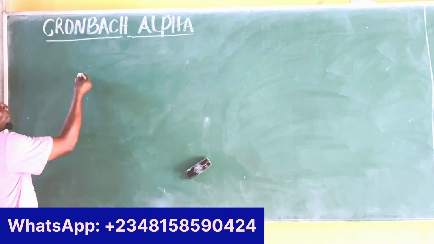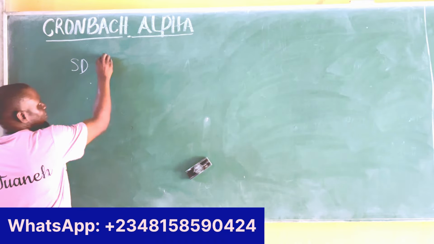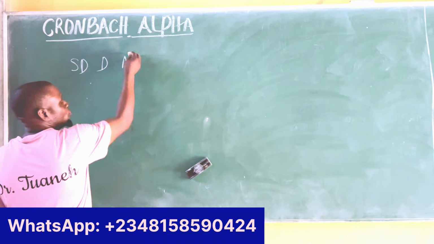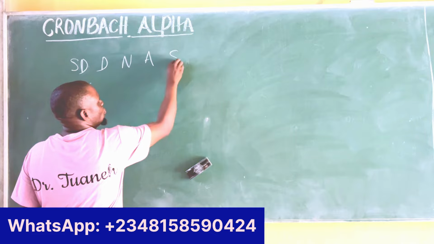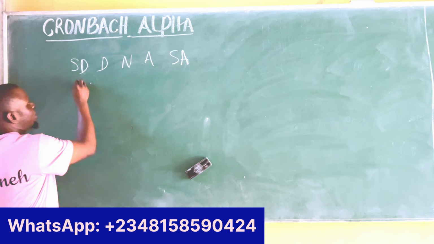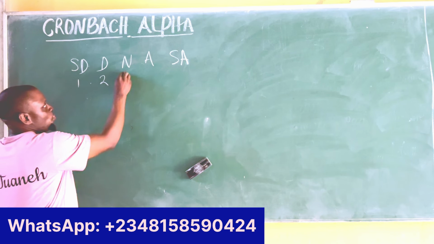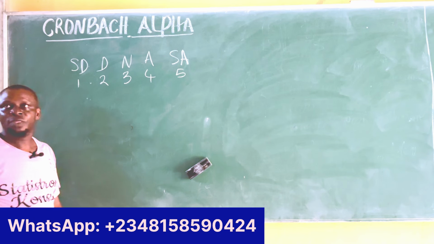For instance, you have options like strongly disagree, neutral, undecided, agree, and strongly agree. These are coded as 1, 2, 3, 4, and 5.